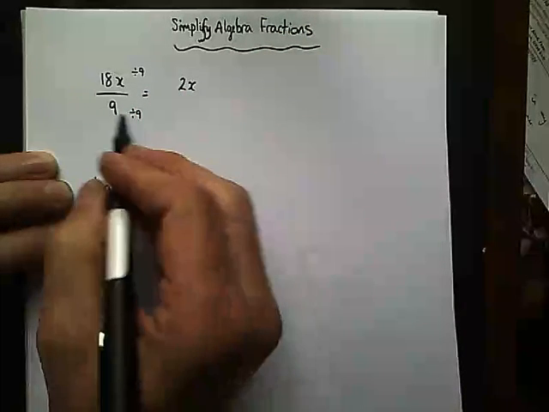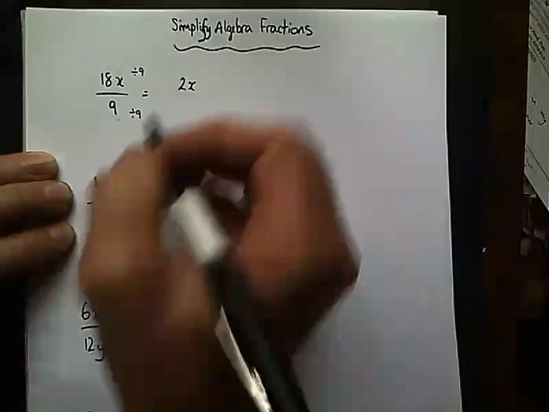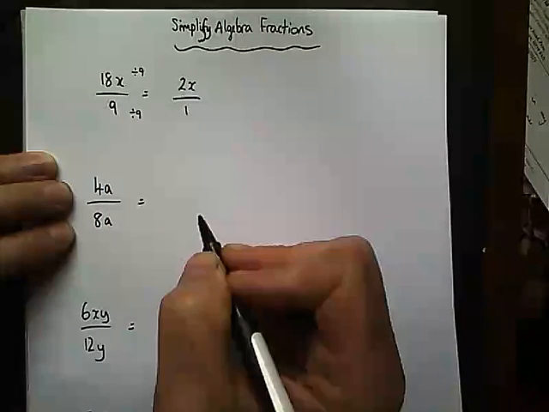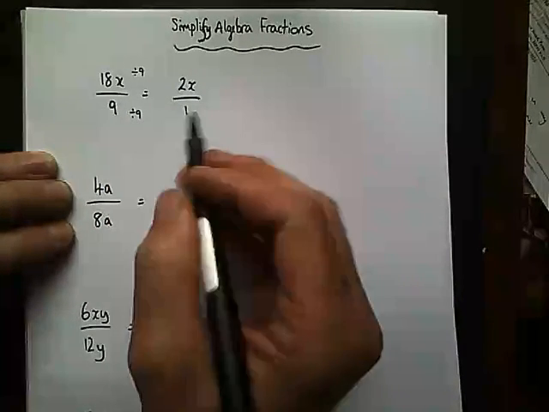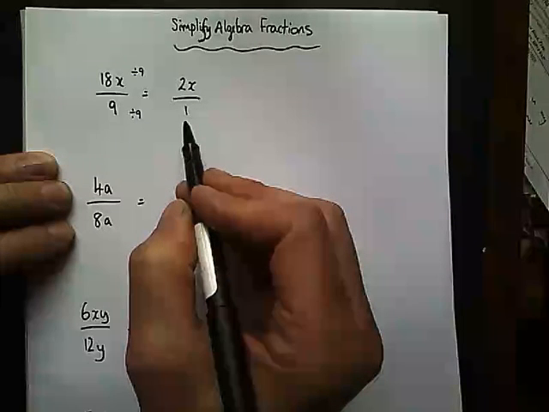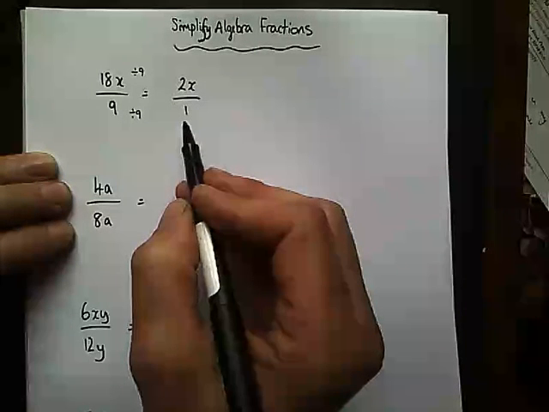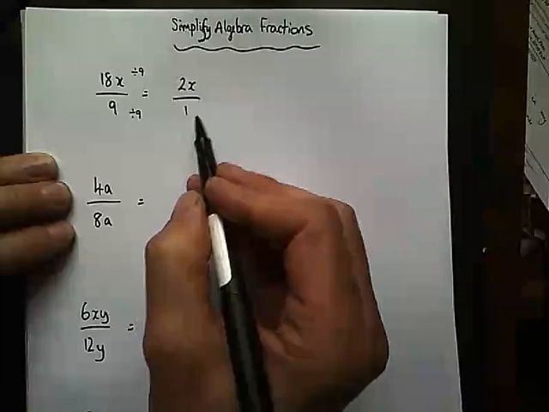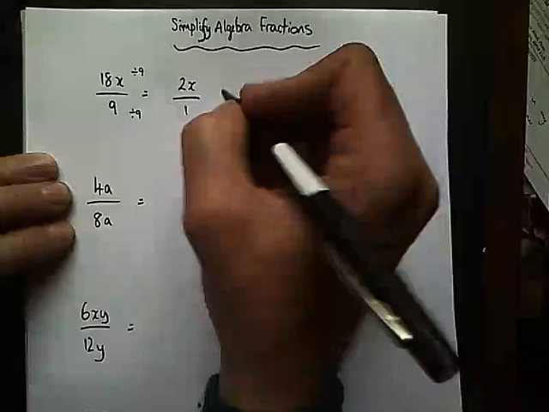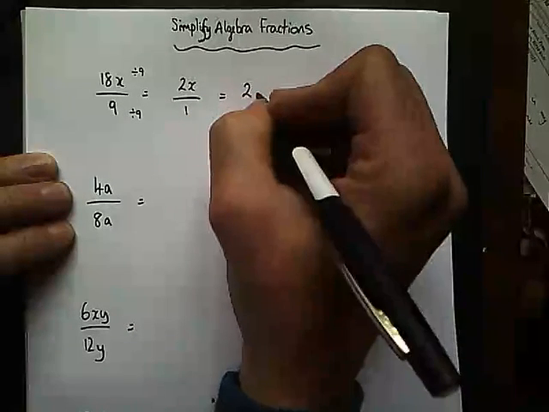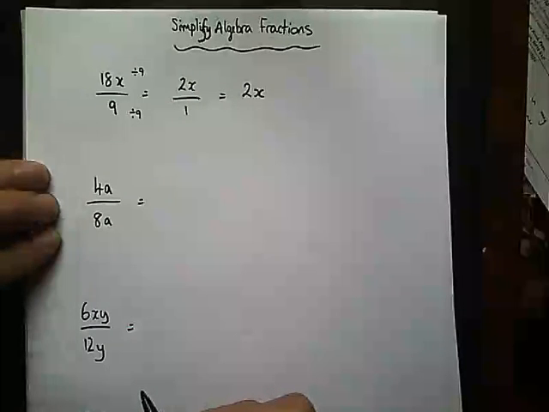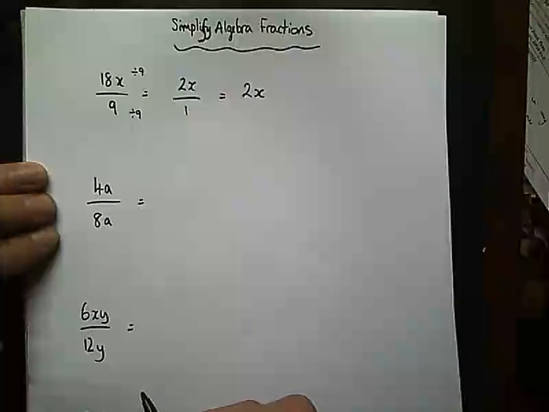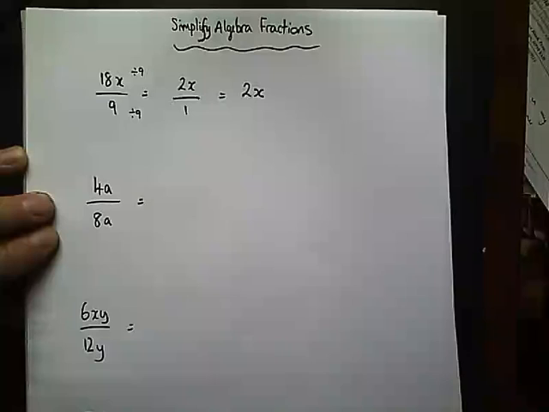And how many 9s are there in 9? Well, there's only one of them, so there's 1 on the bottom. Try to remember though, we don't write fractions over 1 because anything over 1 is just the numerator on its own. So actually, our answer is 2x. So that's the first one where we're cancelling out a number.